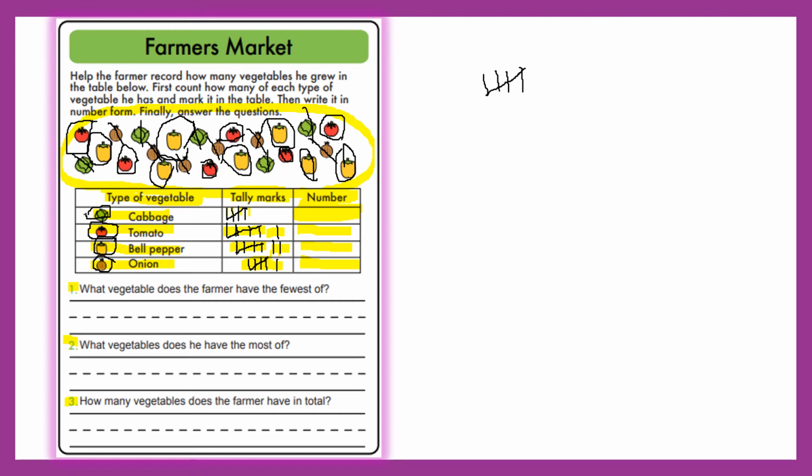And number 1 says, what vegetable does the farmer have the fewest of? Okay, what vegetable does the farmer have the fewest of? And remember the word fewest. What does fewest mean? Fewest means biggest or smallest, least.